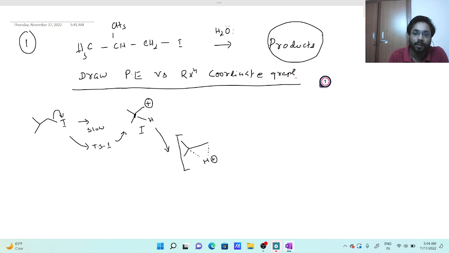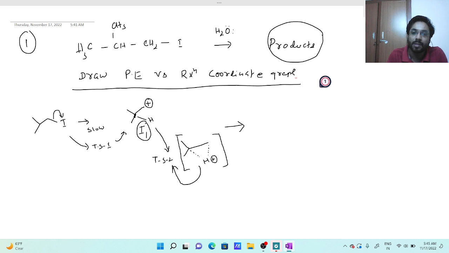So what we are going to discuss? This was the intermediate, so I am naming this intermediate as I1. This was transition state 1. After the intermediate formation, this is transition state 2. This is nothing but a transition state only, because the carbocation is rearranging itself. Just after the formation of transition state 2, one more intermediate would be formed.